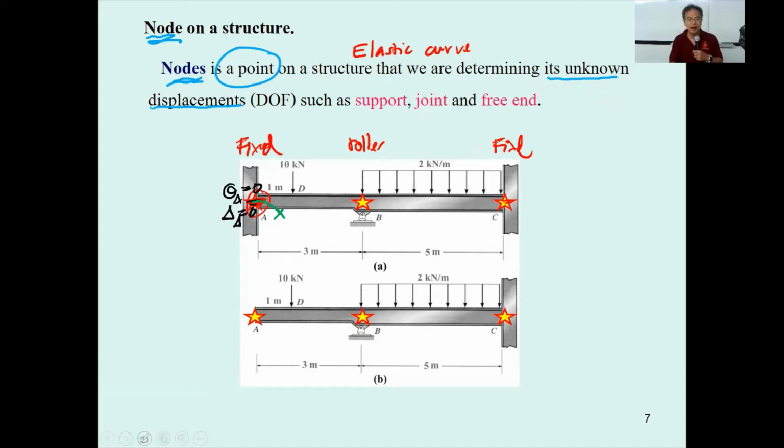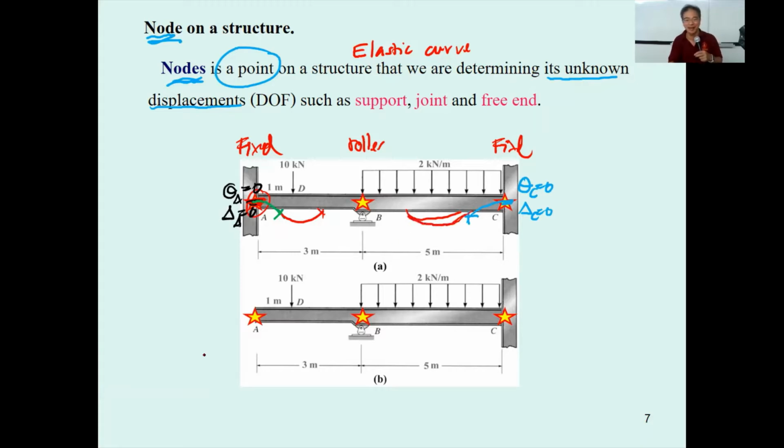And then if you come to another point over here, this also has theta sub C equal to 0 and delta sub C equal to 0, and it's going to be concave downward. And at the middle, it's going to be concave upward like this.